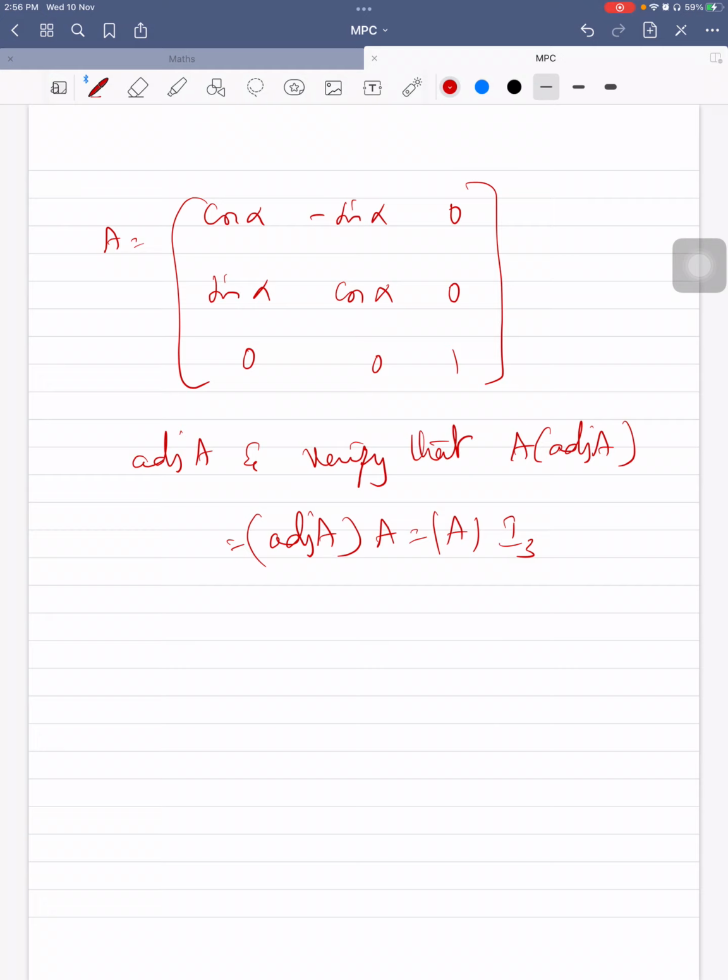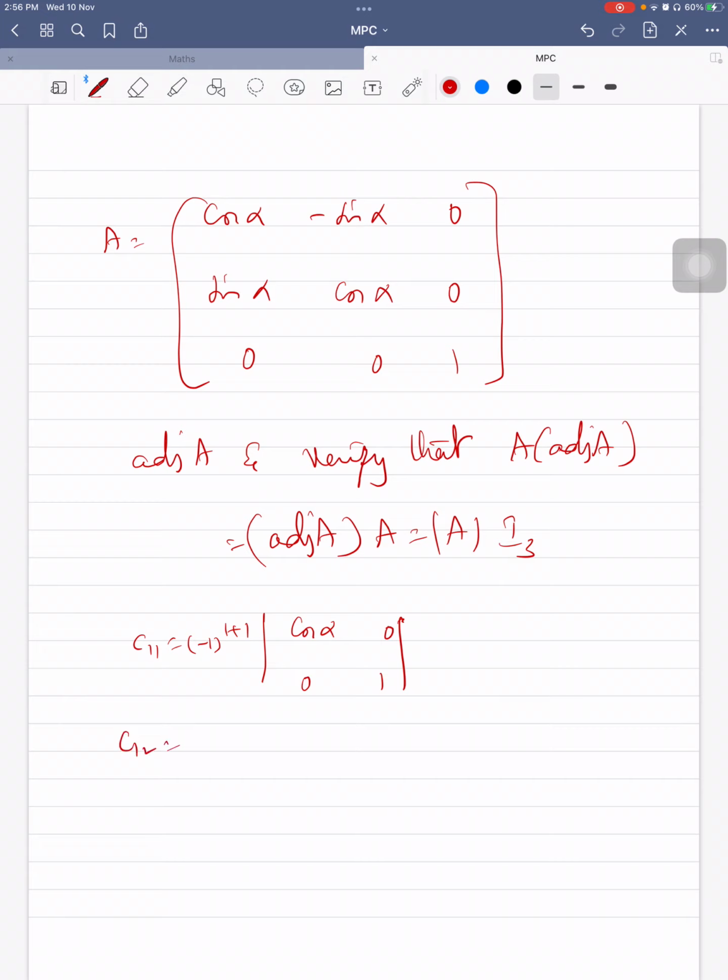Let us find now C11. For finding C11, this is minus 1 power 1 plus 1 times the determinant of [cos alpha, 0; 0, 1].